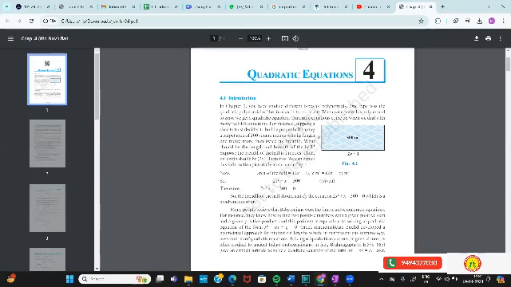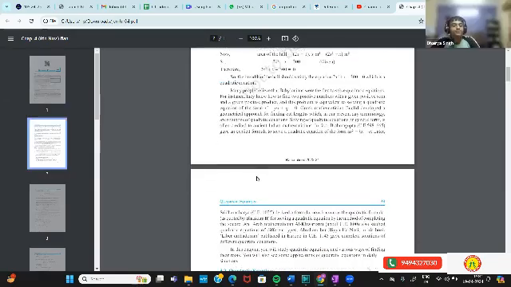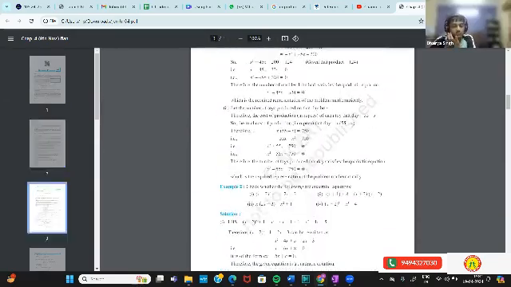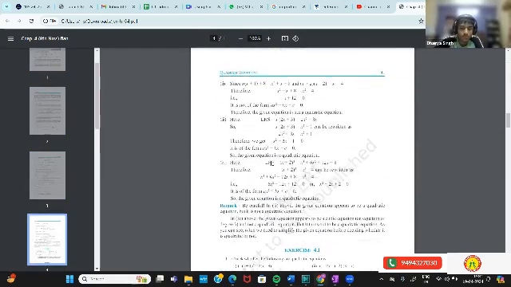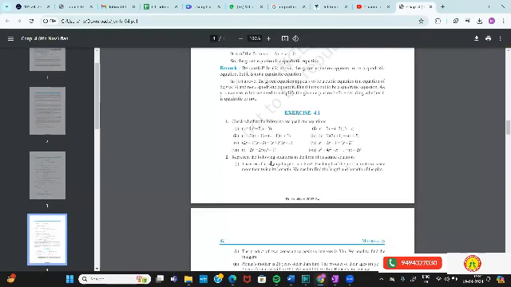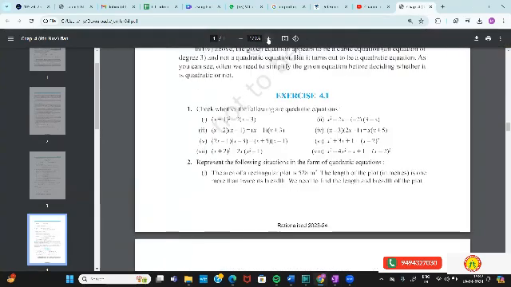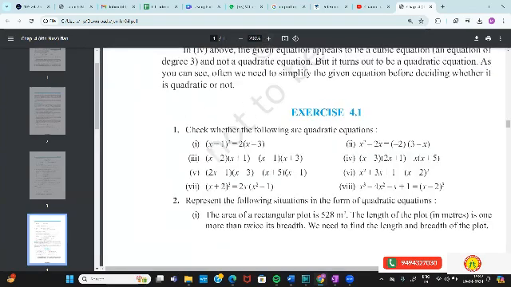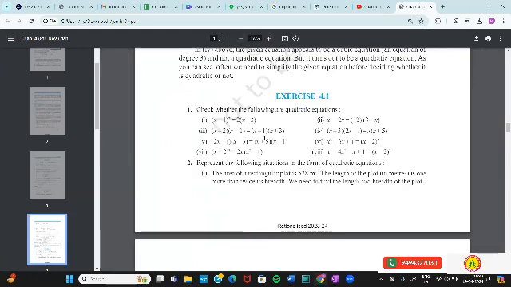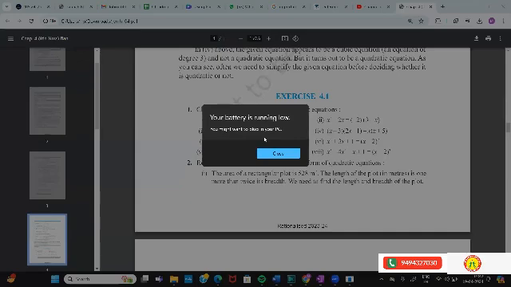Yes, class 10 screen is visible? Yes, ma'am. Okay. See, this is your exercise 4.1. Check whether the following are quadratic equations or not.